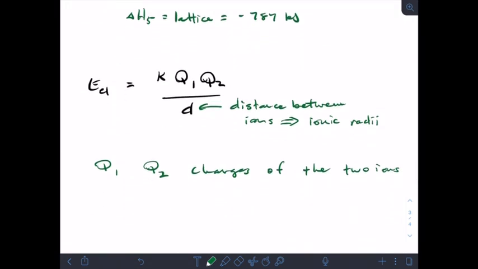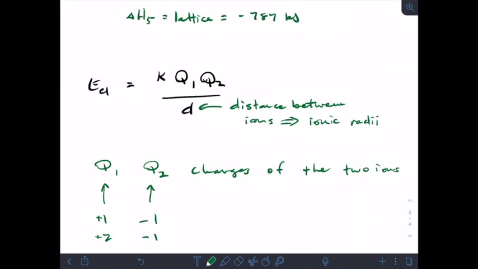Okay, so this Q1 could be a +1, Q2 could be a +1, could be a +2 and a +1, or excuse me, not pluses, what am I saying? These should be minuses, right? But we're really just looking at the numerical value regardless of sign, okay?